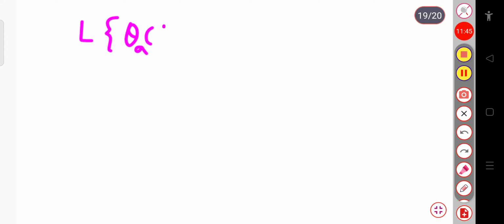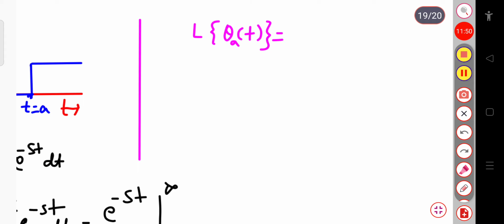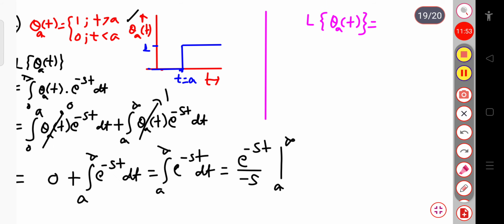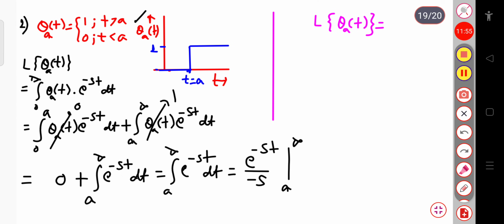This value will be equal to what we have calculated: exponential minus st divided by minus s over the limit a to infinity. This is the value of the Laplace transform of theta a of t.